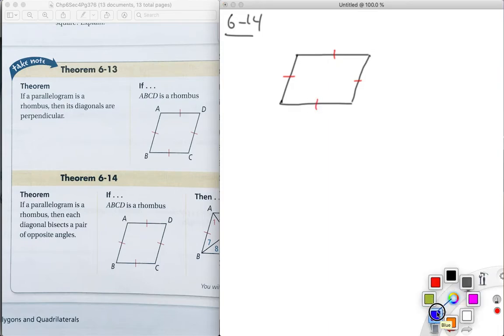I have my diagonals. I know that the diagonals are perpendicular now. I also know, remember, that opposite angles of a parallelogram are congruent. What this theorem says is that not only are they congruent, but the diagonals are angle bisectors.